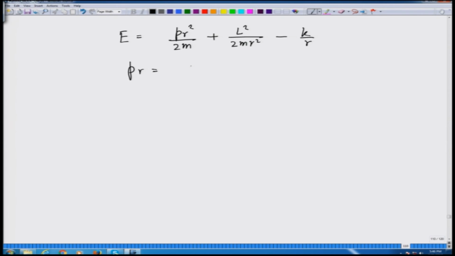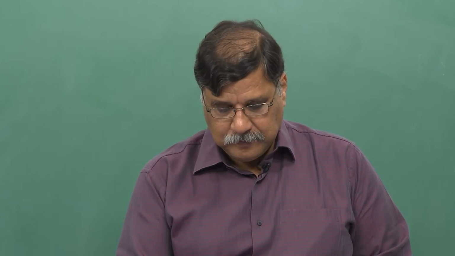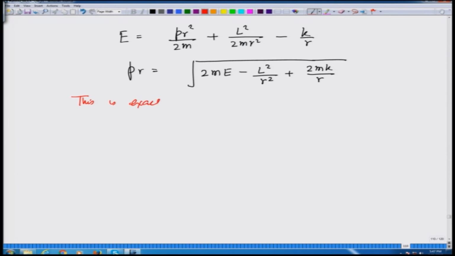So, P r is given as square root of 2 m E minus L square over r square plus 2 m k over r, which is exactly the same expression that we had obtained in the 2D case.